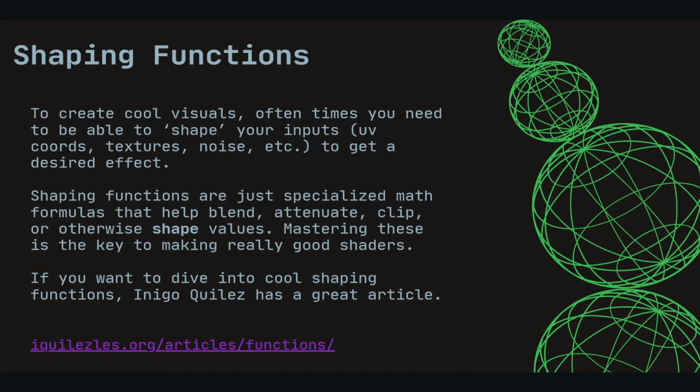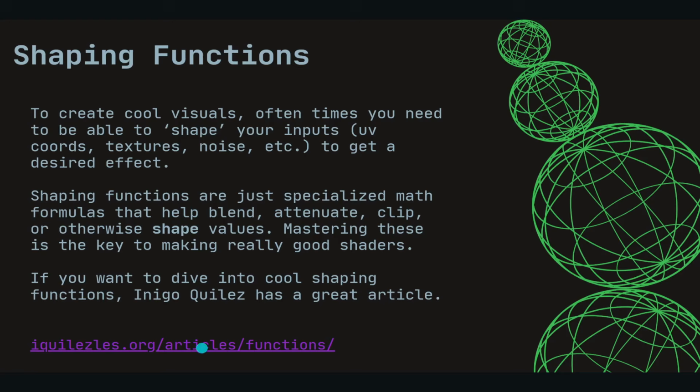Shaping functions, I won't cover this too much, but it's cool to know. Also wanted to mention a really cool guy in shader programming and mathematical art. Shaping functions are nice. If you have some sort of input that changes on a linear scale between some values, you can shape it. You can apply cool functions to it.